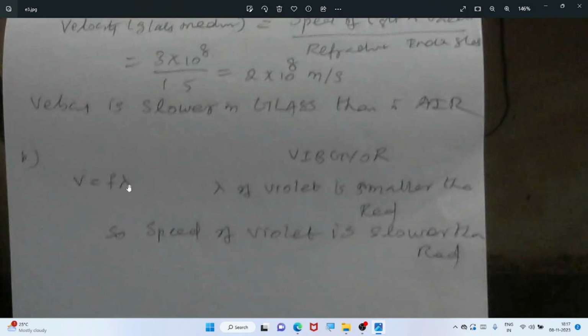The wavelength will change, so the speed varies. Violet has the smallest wavelength, red has the highest wavelength. So the speed of violet is slower than the red because speed is the product of the frequency and the wavelength. Wavelength of the red is more, so the violet will be slower.